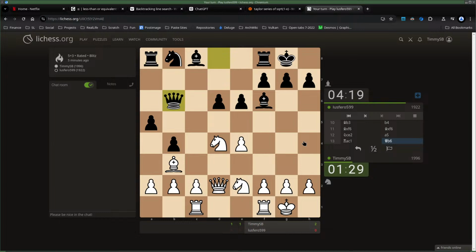Still nothing. Does he threaten anything? Not really. So now I could push this. Why not move? I mean, I wanted to do that. Can't take with the knight now, though.